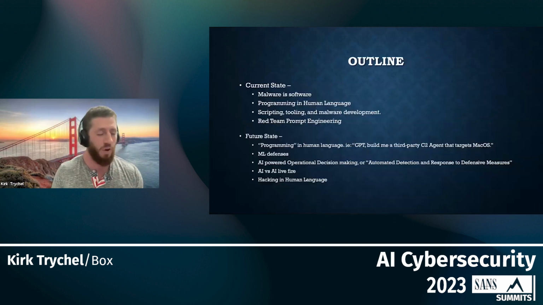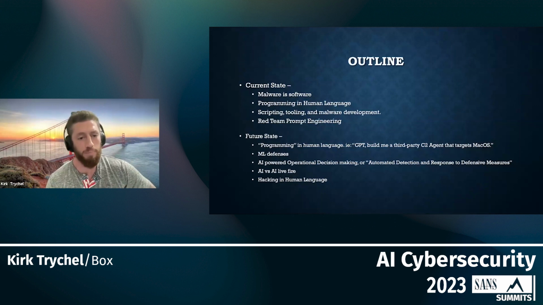And an outline of what we're going to be talking about today. I've got this note in here, malware is software. That's part of my usual disclaimer, but we'll be talking about a little more specific to AI here shortly on that topic. And we'll be covering programming in human language, scripting and tooling and malware development, and red team prompt engineering or prompt injections and jailbreaks, which we'll get into soon.